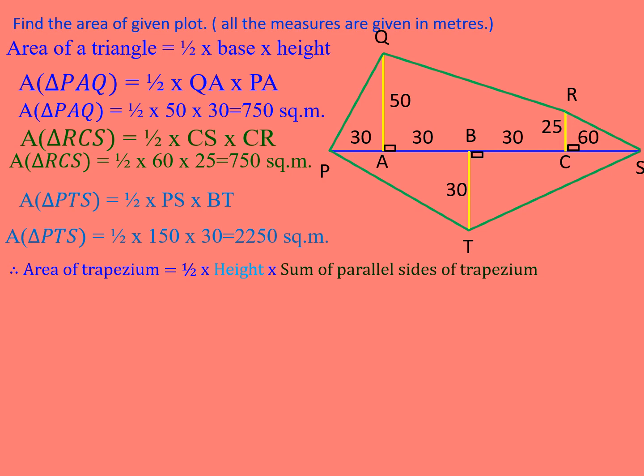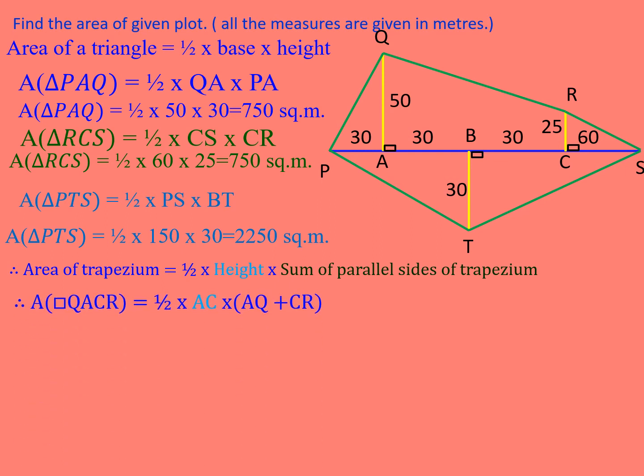Now let us go for one more figure, that is called a trapezium, which is given to you in the figure. The trapezium name is QACR. QA and CR both are perpendicular to PS. Therefore QA and RC are parallel to each other, and the perpendicular distance between them is AC. And you know that area of trapezium equals half into height into sum of the parallel sides.